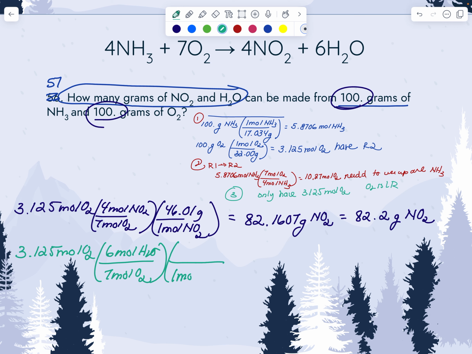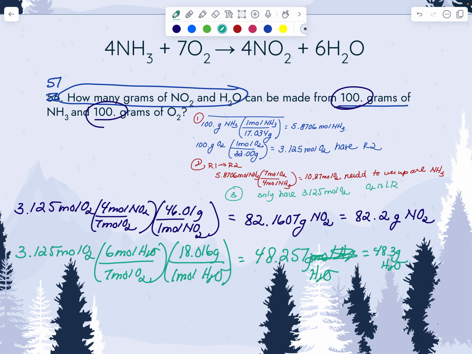And 1 mole of water has a molar mass of 18.016 grams. So that means I will be able to make 48.257 grams of water, not moles, excuse me, grams of water, and then round that to three significant figures, 48.3 grams of water. Right, so I just answered the question.